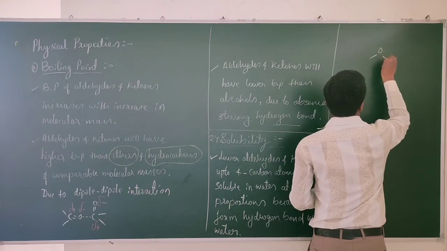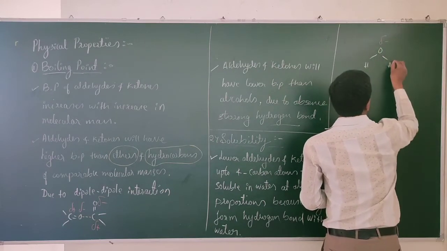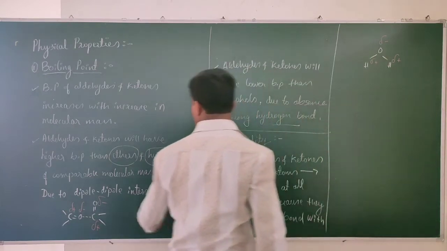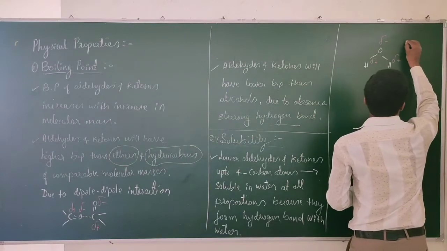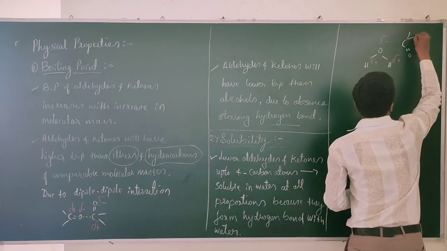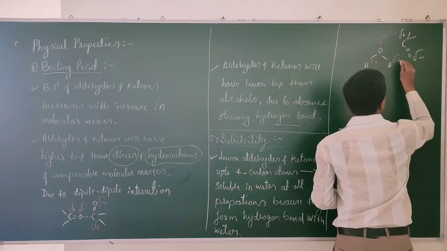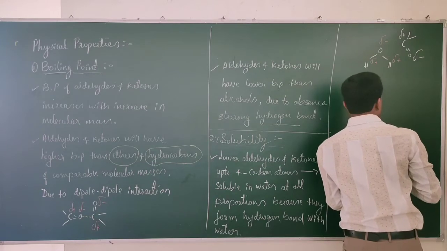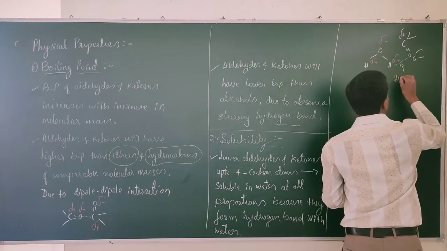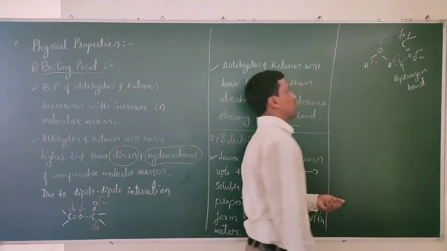Let us consider this one as a water molecule. Here it is the negative charge, these are positive charge. And now consider the carbonyl group. Here partial negative charge, partial positive charge. Now between these two, hydrogen bond is formed. Therefore they are soluble in water.